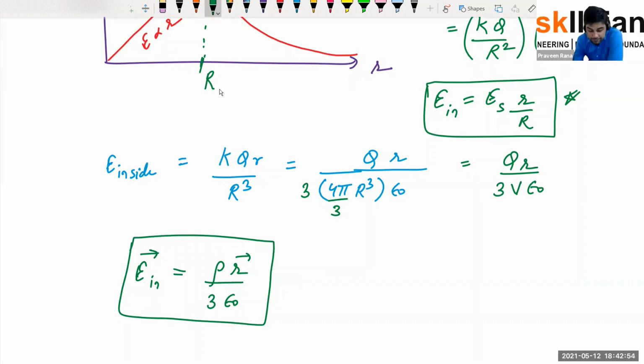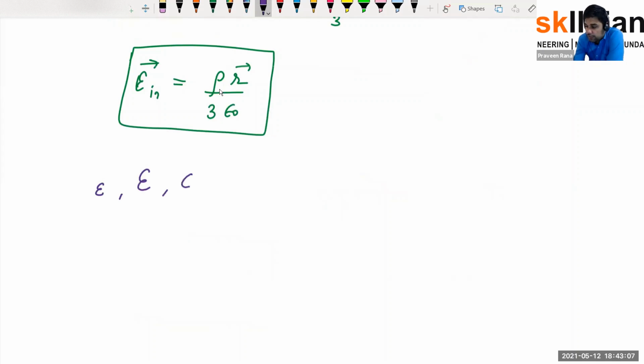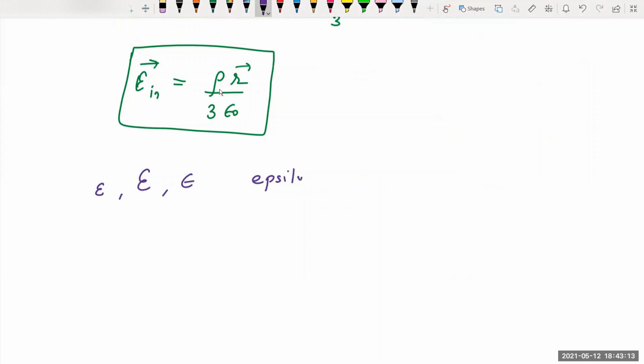I had a question. What exactly is epsilon naught? First of all, look at this symbol and this symbol. These symbols are called epsilon. They are in Greek.